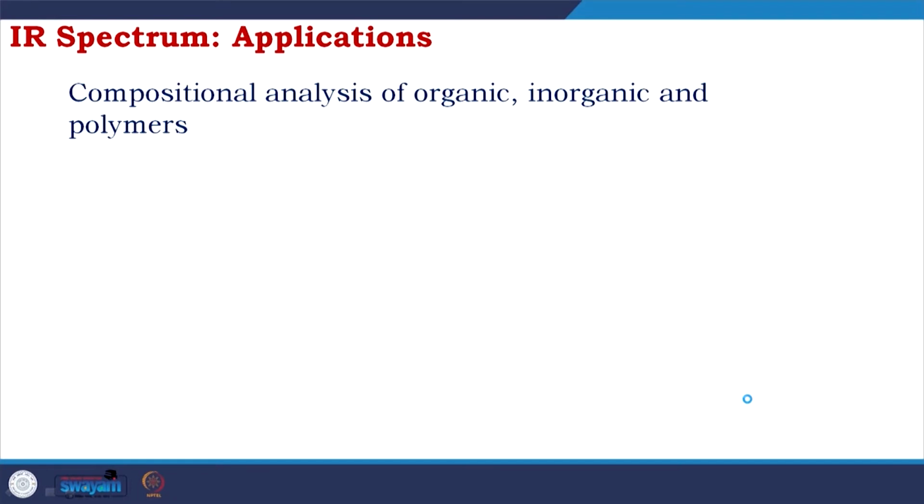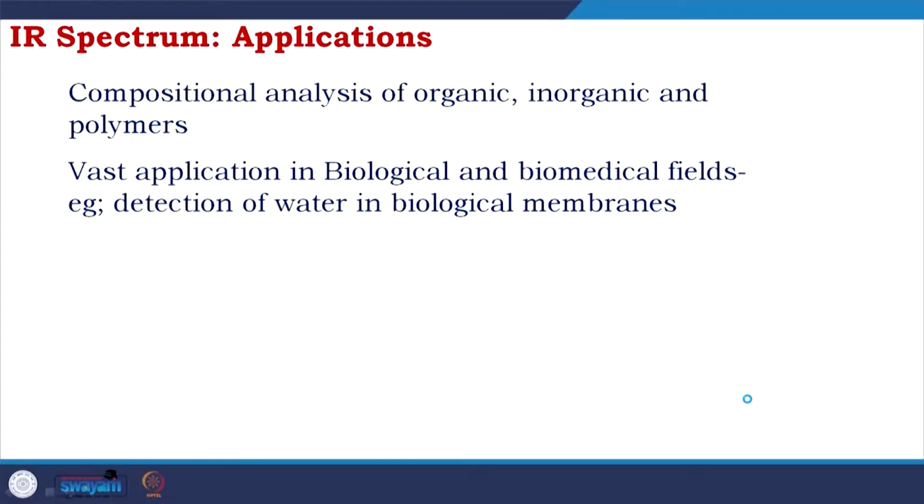Application: infrared spectrum is applied for compositional analysis of organic, inorganic and polymers, because as we have discussed continuously, they are excellent in identifying the functional groups. First application in biological and biomedical fields, for example, detection of water in biological membrane, for biological samples also where we do not know about the solvent and all, we will look at that later.